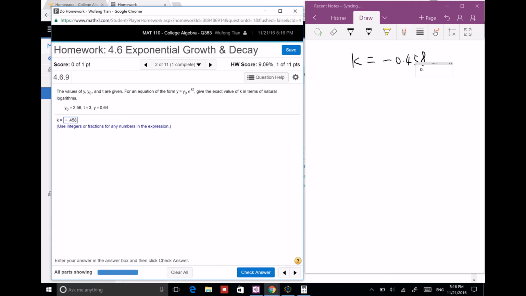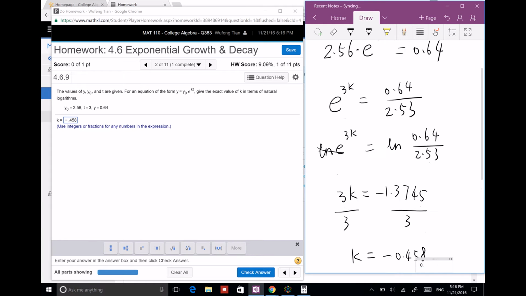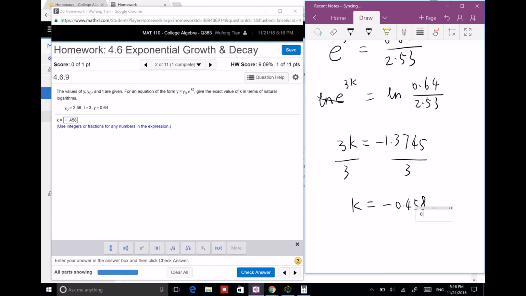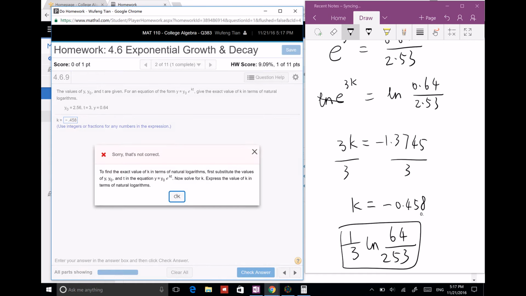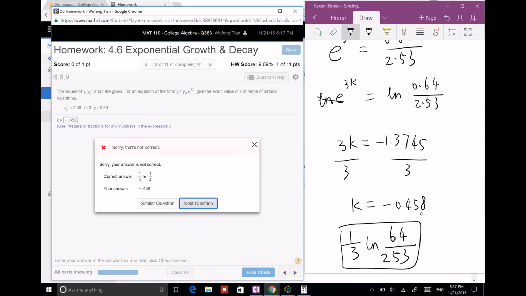Okay, I think you have to type in 1/3 ln of 64 over 256. Probably this is what it asked for. Let's check. Okay, 1/3 of ln 1/4.